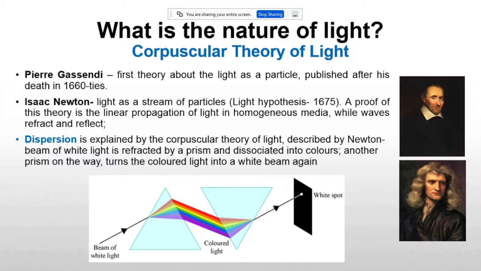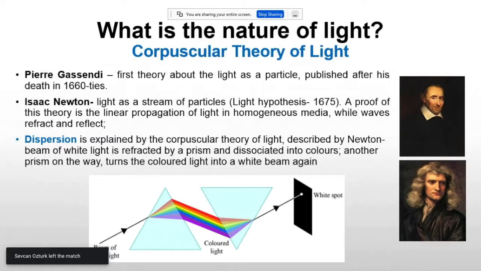So one of the great supporters of the other theory of light, the corpuscular theory, is Isaac Newton, although Pierre Gassendi was the first one to create a theory about light being a particle.